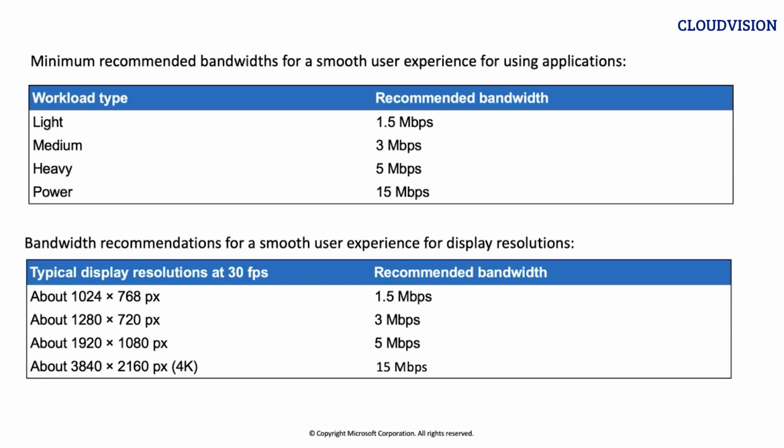Now, if I'm expecting a good resolution as an end user for the session you're getting connected to, IT admins have to plan a good amount of bandwidth, all right? If they need a 4K display resolution, you can expect approximately 15 Mbps per session as well.